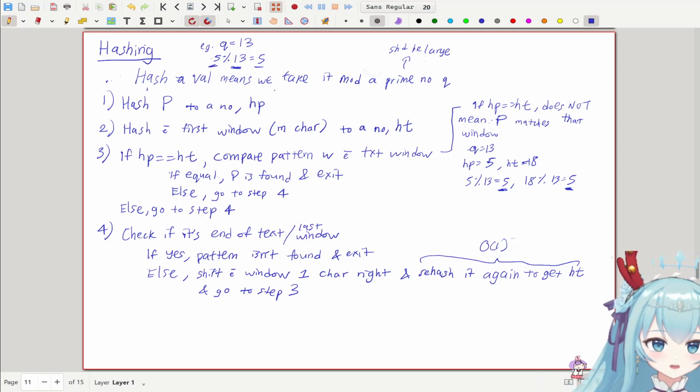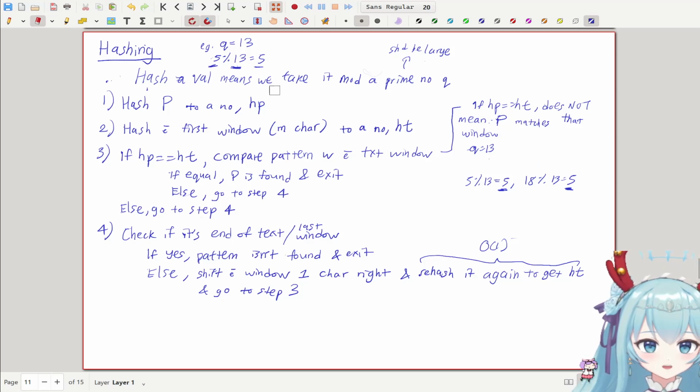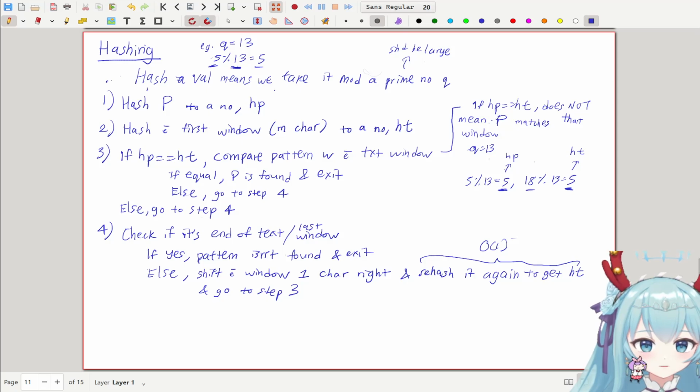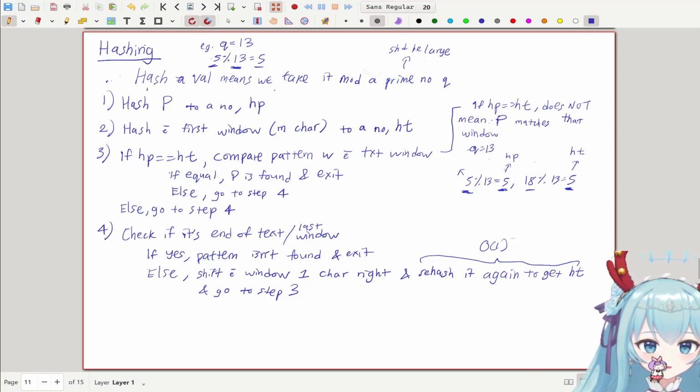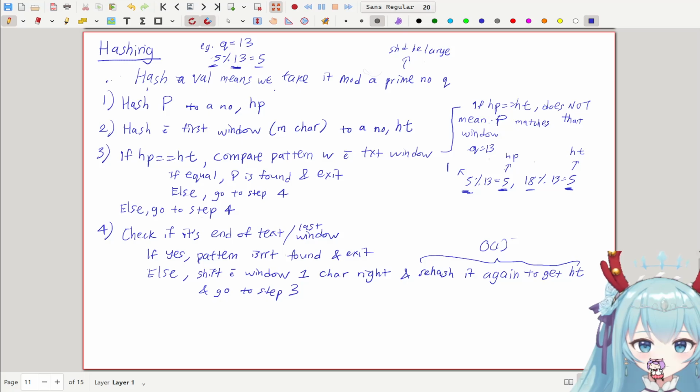Sorry, wait, this shouldn't be like this. This is hp and ht, and these are the original numbers that we had. So this is small p and this is small t.